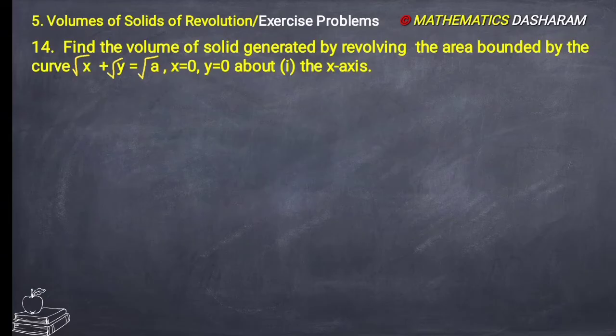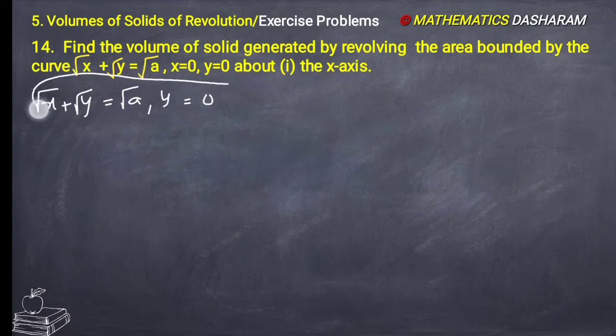So here, given about the x-axis, we need the ordinates, that means limits for x values are required. For that I am using root x plus root y equals root a, and y equals 0. Let us use these two equations to find our required x values.